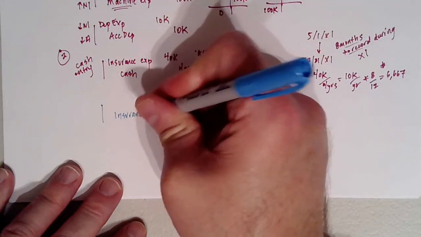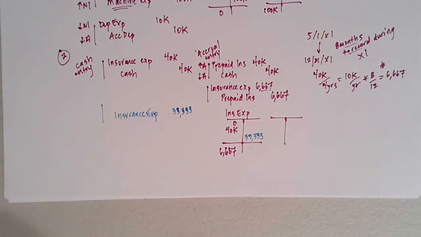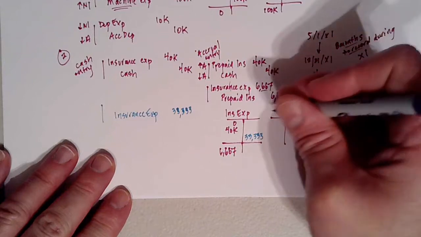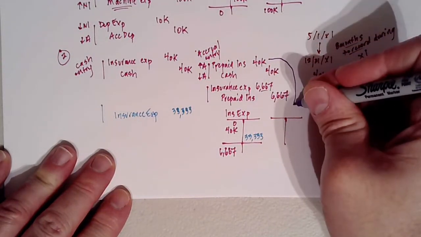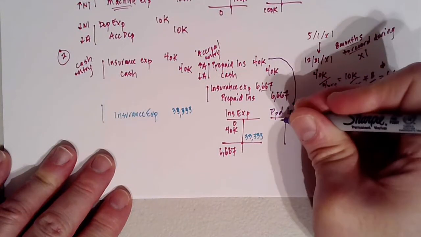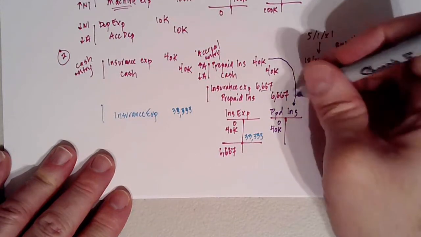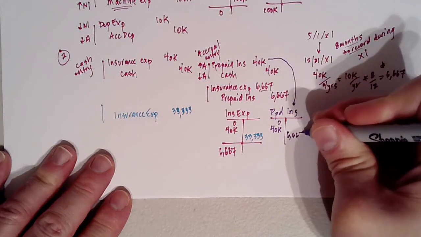Is this the amount of prepaid insurance that I want? I'm sorry, that should be not just insurance, but insurance expense. Well, let's think about what we want. In order to figure out what we want as our prepaid insurance, let's think about what should have been recorded. So under this, we had a prepaid insurance account that should have been debited by 40, and then at the end of the year, credited by 6,667.